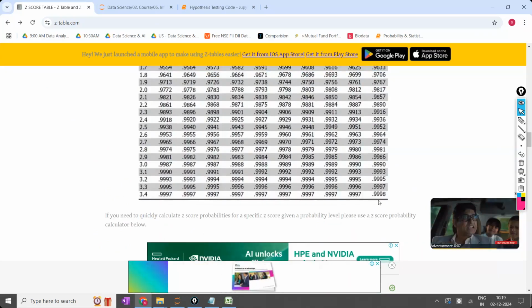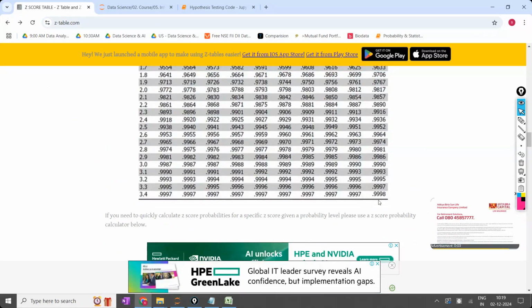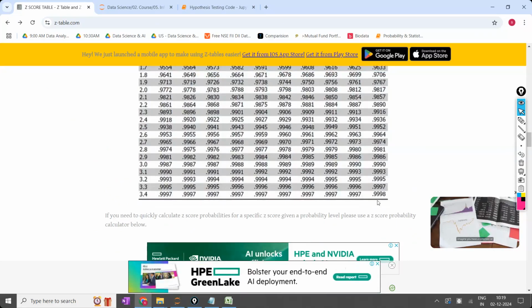If it is crossing 3.49, 3.5, 3.6, 3.7, any number more than this, it will be almost equal to 0.999999, almost equal to 1. Any number more than a z value of 3.5 is almost close to 1.